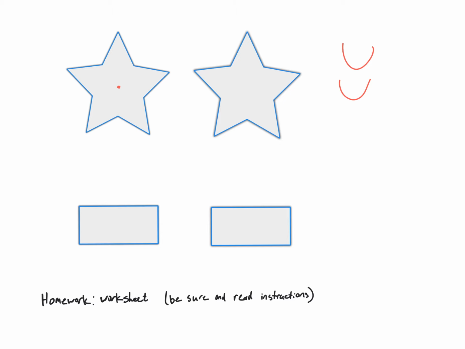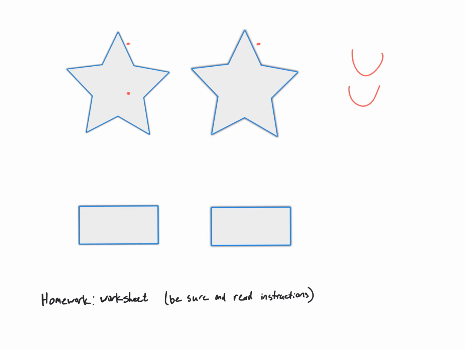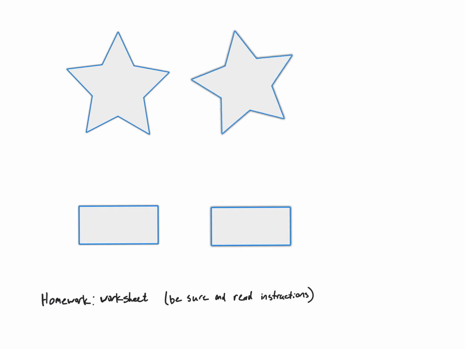So if we look at this star, if we start with the red point up here at the top, whenever I rotate it, notice the red point went from here to over to here, but the shadow still looks the same.